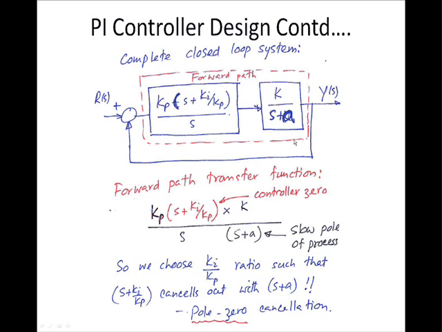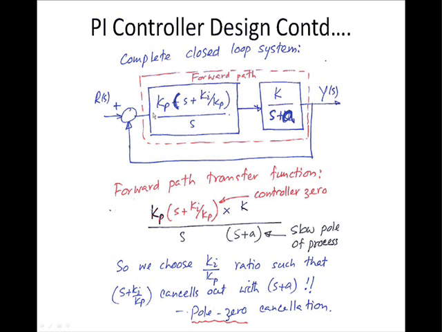Now if you look at the complete closed loop system, we have the open loop transfer function here, the PI controller transfer function here, and this is the feedback that we introduce. This is our input, this is our output in the s domain as a block diagram. If you think of the signal flow direction, signal flows from left to right.